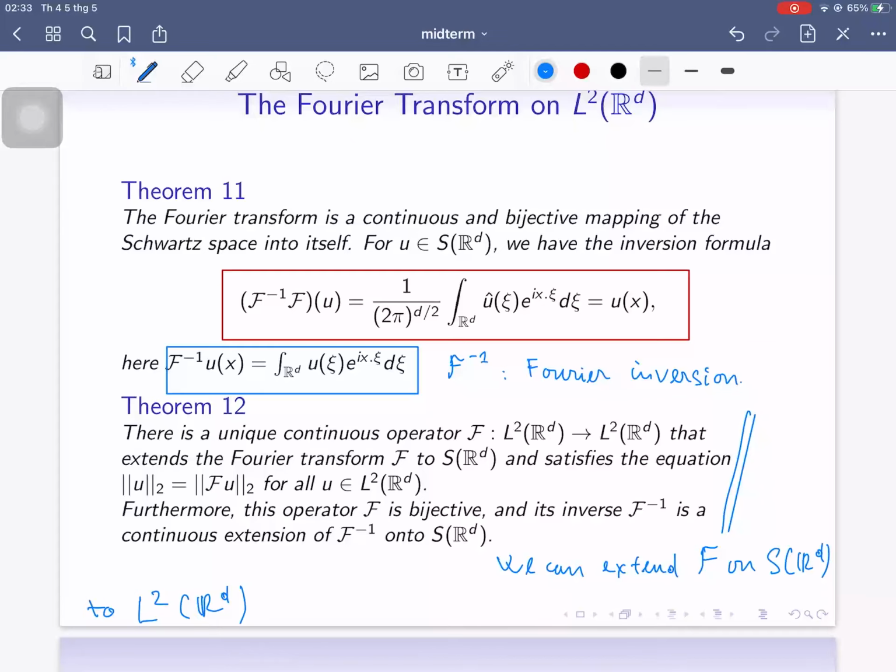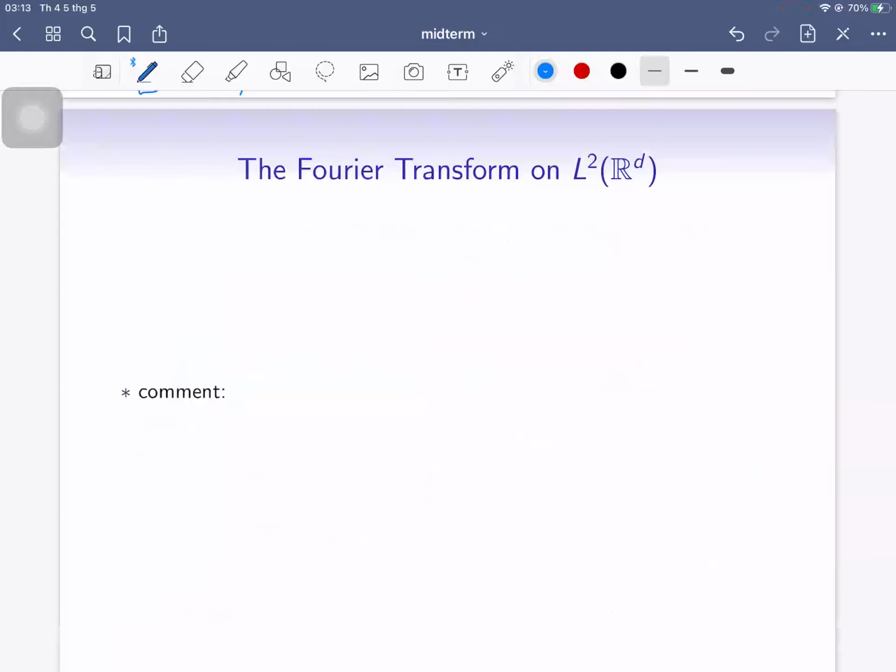Now we're going to prove this theorem. First we need to prove that u hat belongs to the Schwarz space.